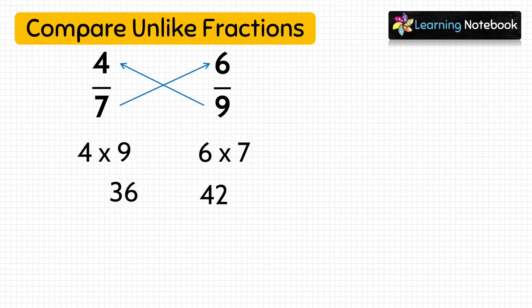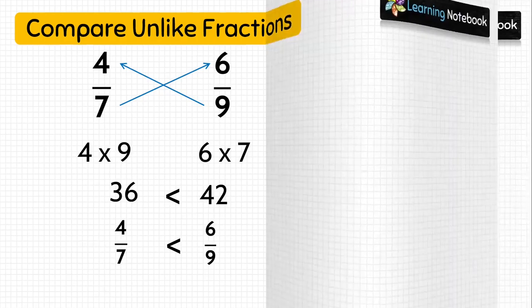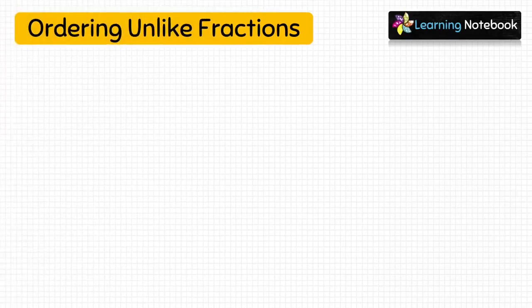Now since 36 is less than 42, it means fraction 4 by 7 is less than fraction 6 by 9. So students, I am sure you have understood how to compare unlike fractions.